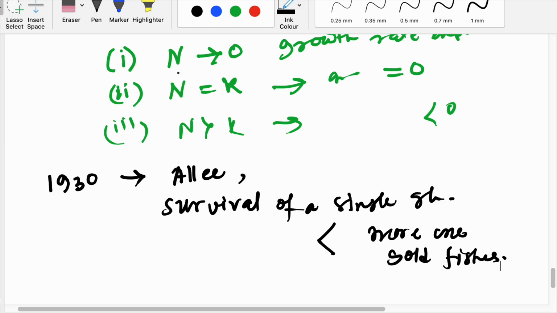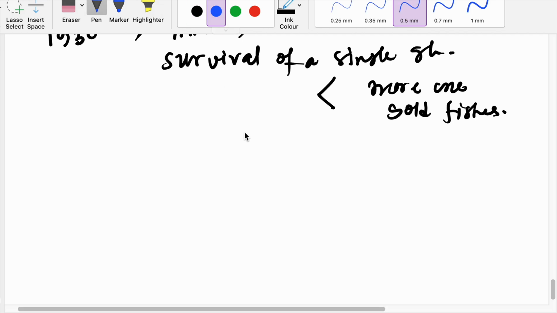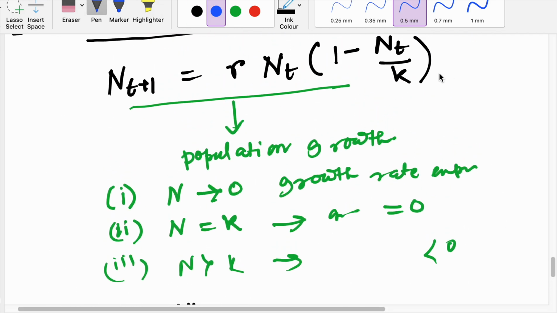So these things lead us towards what is called the Allee effect, which says that the population model should not be like this.